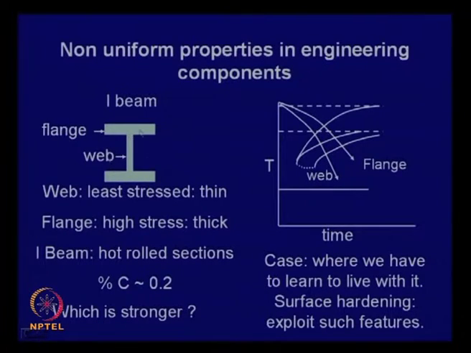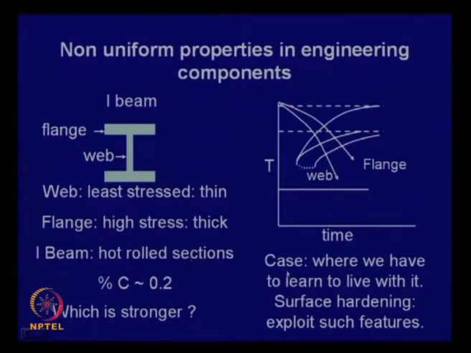Whenever you design an I-beam, you always see that the web has the least stress, so you make it thin. The flange is the high stress region, so you make it thicker, so that the stress is much lower than the permissible level of stress for this particular material.